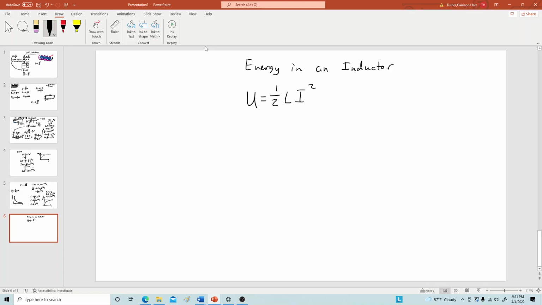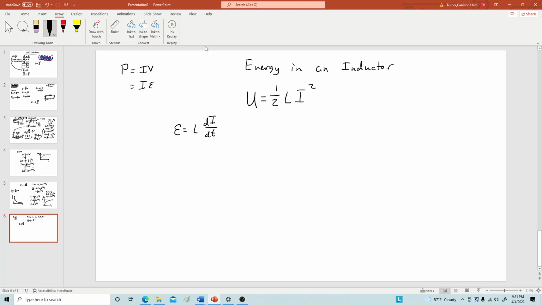Okay, well, once again, let's start with the potential across an inductor, and I'm going to drop the negative sign because all I'm interested in is the magnitude for the moment. Okay, so this is the potential across the inductor, but remember that power is equal to I times potential, current times potential, or IV, or in this case, current times potential epsilon.